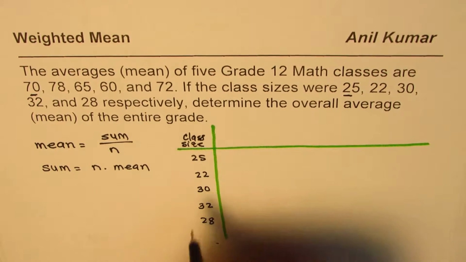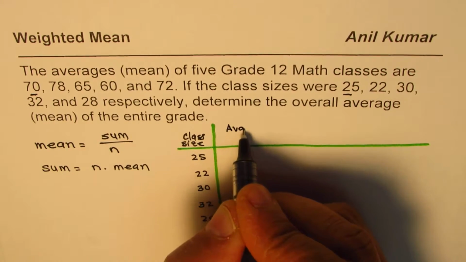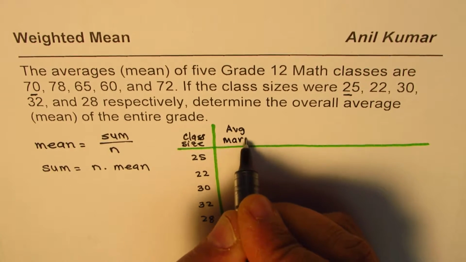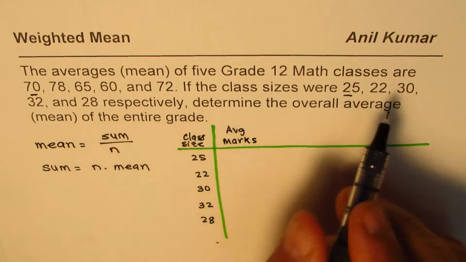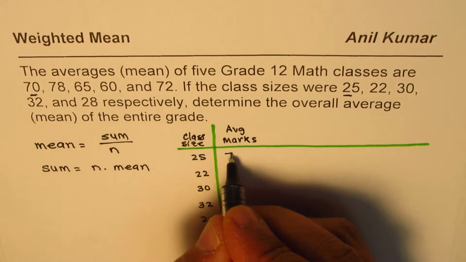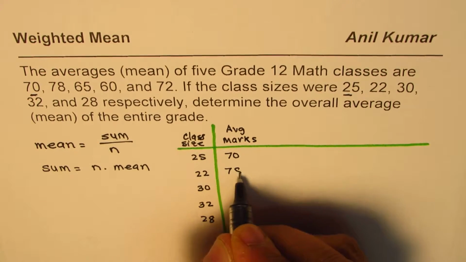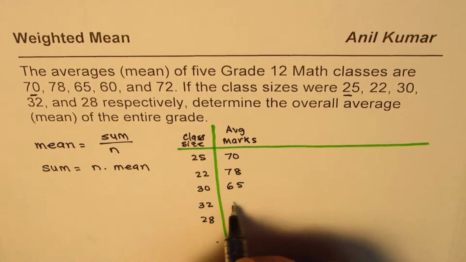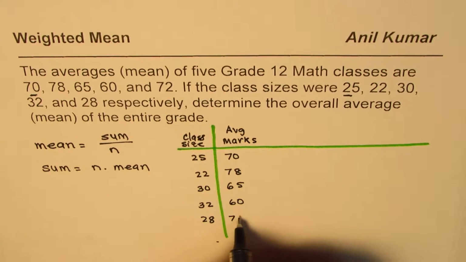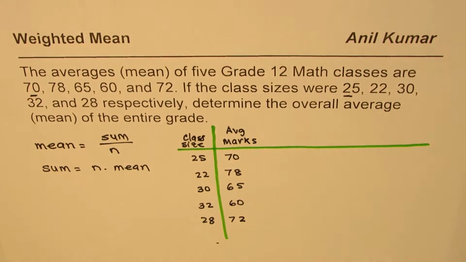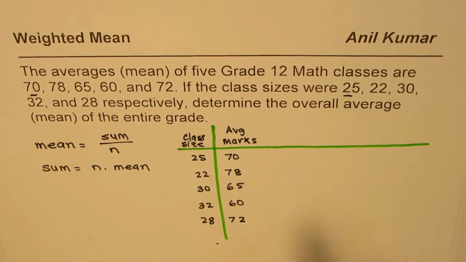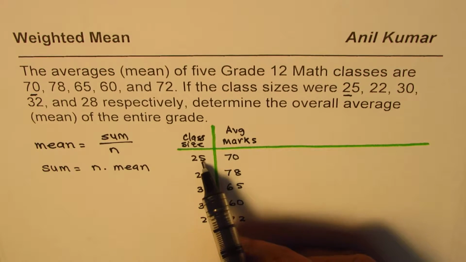Now in this class size, average marks are 70, 78, 65, 60 and 72. So that is the average marks and this is the class size.